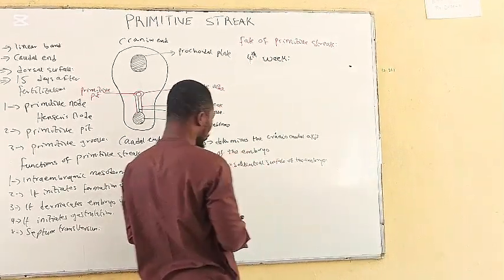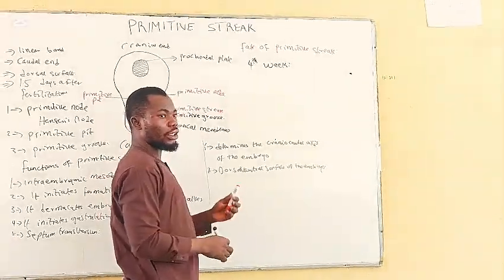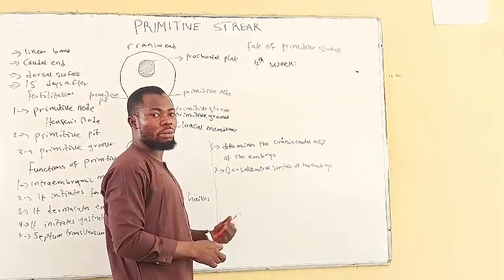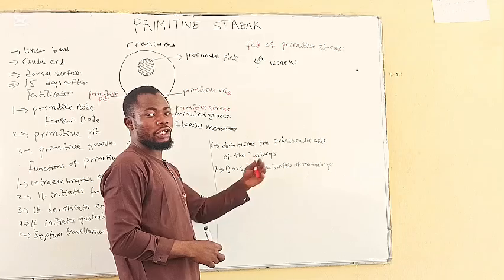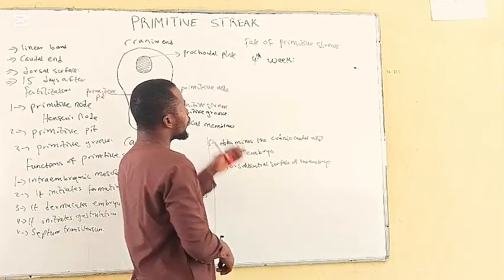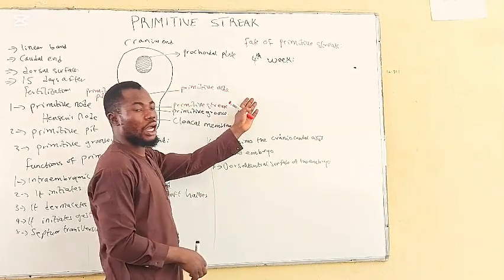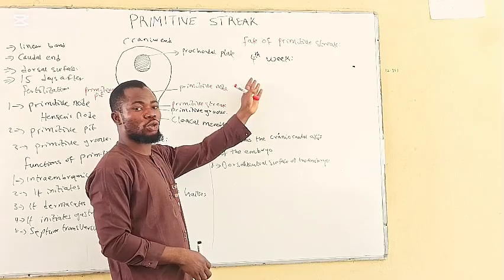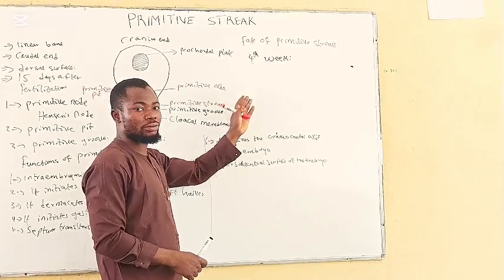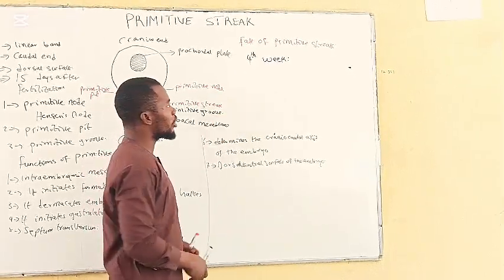So that is the fate of the primitive streak. It gives rise to the intra-embryonic mesoderm by the ingression of its cells, and then it regresses, and by the end of the fourth week it becomes insignificant or disappears completely.